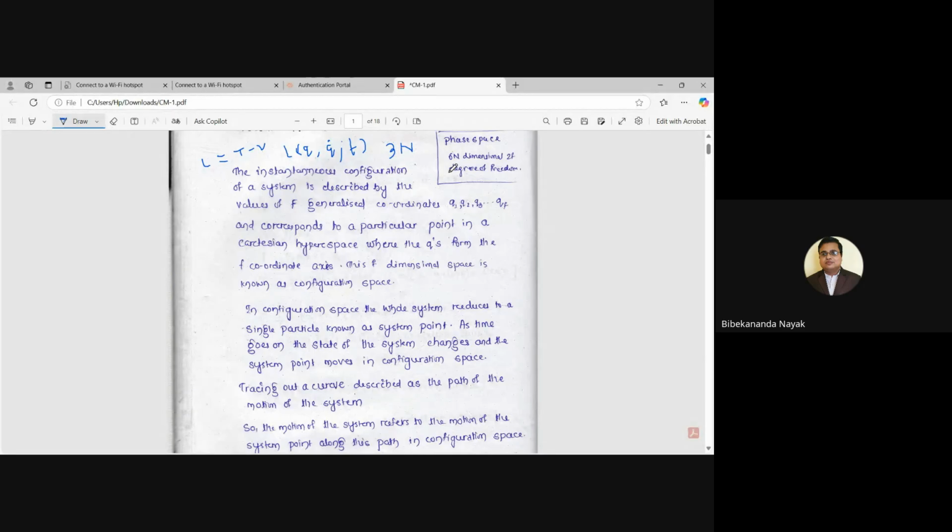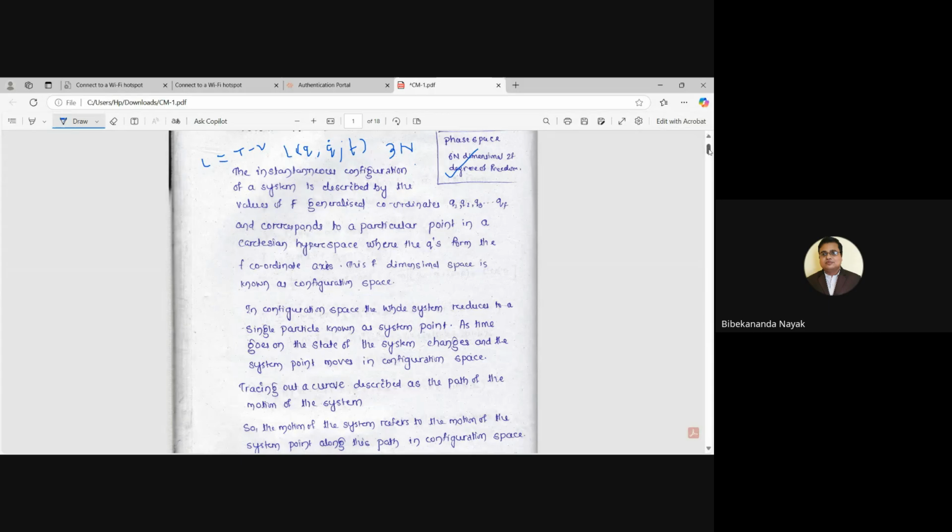In phase space the path defines the actual path of motion, because once you know the exact position and exact momentum related to energy, the path will be exact.